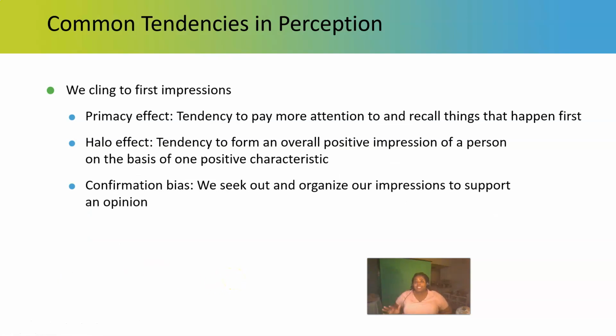So here are some other tendencies of perception that we need to be aware of. For example, the primacy effect. We pay more attention to the details and recall things that happened first. Say you're studying for a test and you have 30 vocabulary words to memorize by next week. You have your note cards and you're sorting through them, trying to remember things.